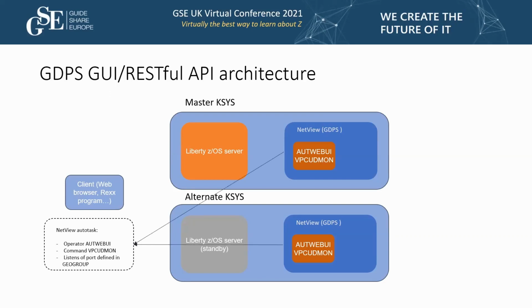Then on the NetView side, there is also an additional component, which is called the GDPS NetView daemon. This is a NetView autotask that is providing access to the GDPS data and functions. To set up this component, a new NetView operator needs to be defined, as well as the corresponding system automation function.